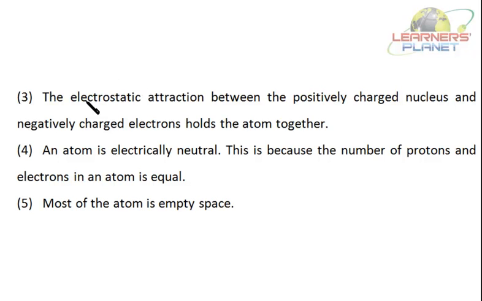Here the electrostatic force of attraction between the positively charged nucleus and negatively charged electrons holds the atom together. See, the nucleus is over here and these are the electrons.